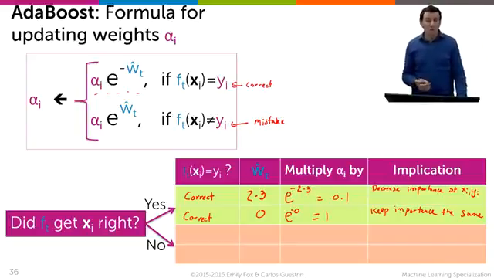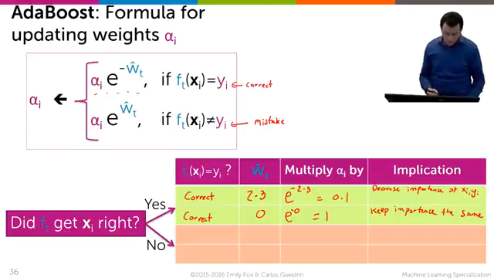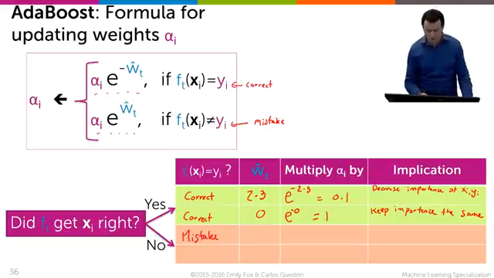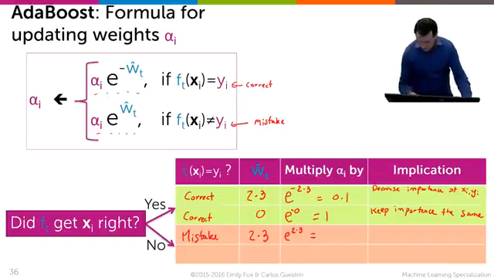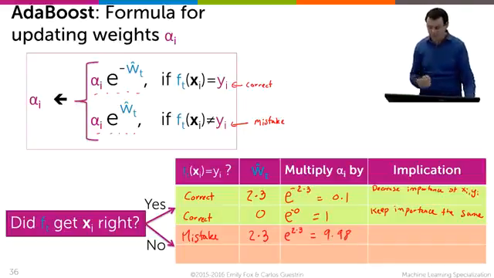Now, let's look at the opposite case when we actually made mistakes. So let's say that we got x_i incorrect, so we made a mistake. In this case, we're in the second line here. So if it was a good classifier, with a w hat t of 2.3, then we're going to multiply the weight by e to the power 2.3. So this is e to the 2.3, which, if you do the math, is 9.98, so approximately 10. So it's 10 times bigger.